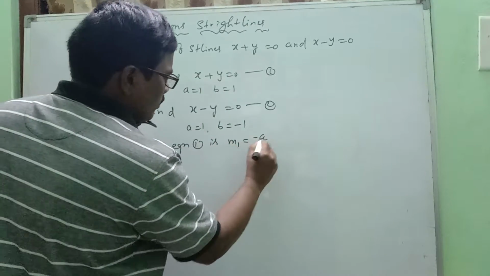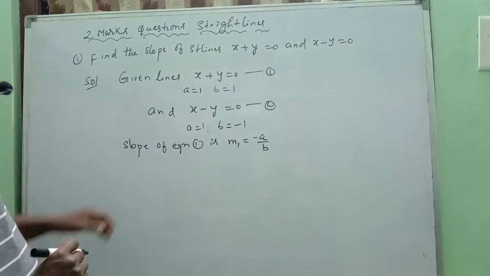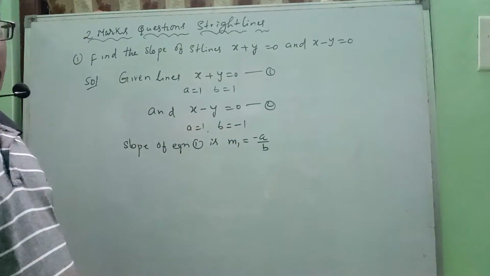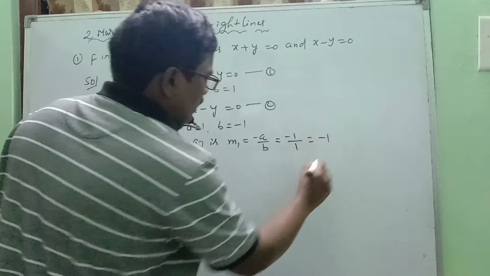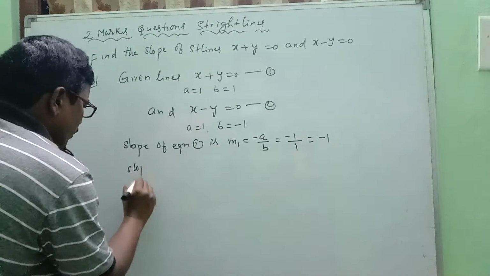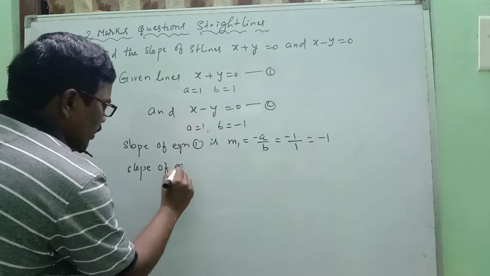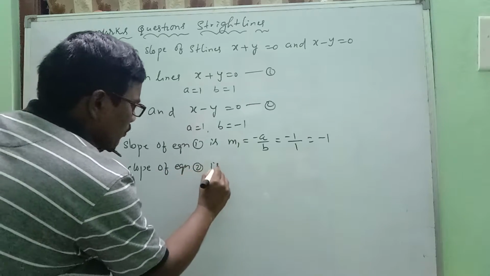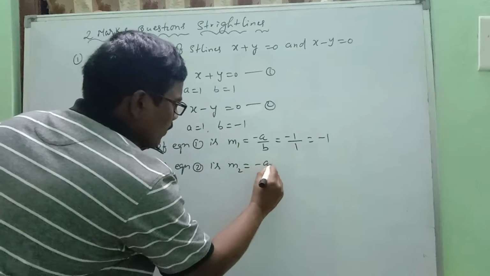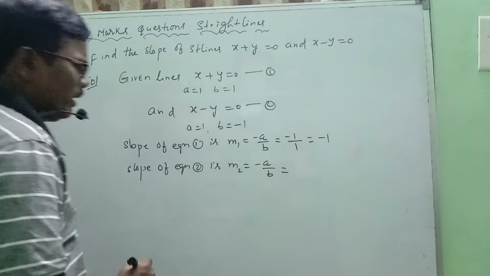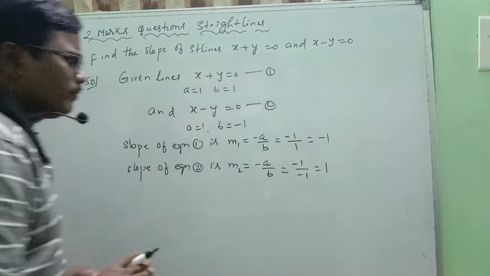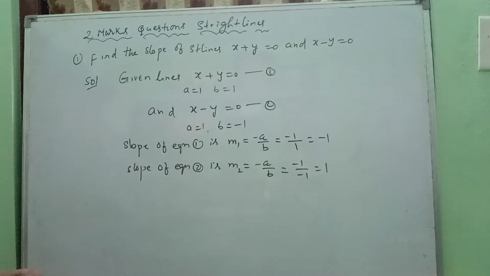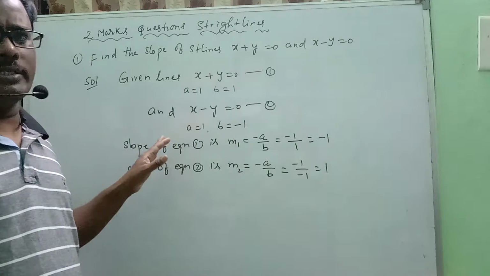The formula is minus a by b. A value 1, b value 1, so minus 1. The slope of equation 2 is m2, again using the formula minus a by b. A value minus 1, b value minus 1, so 1. Very important. Very easy sum.